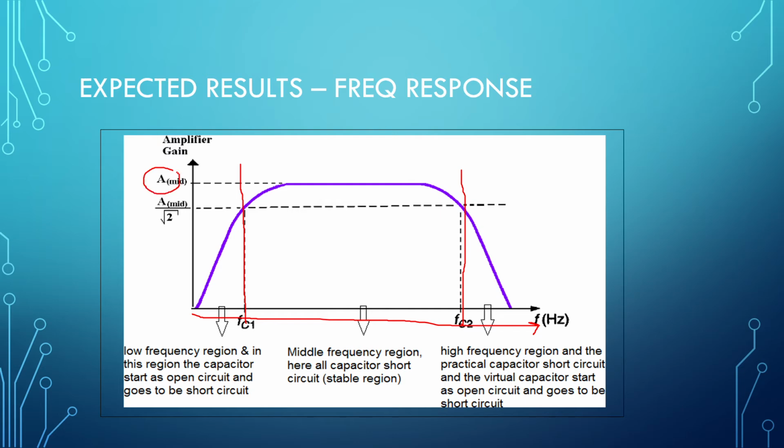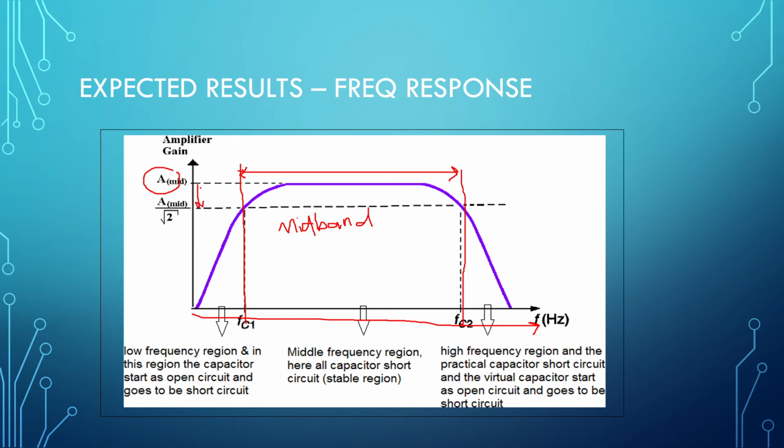The amplifier gain will have a static value from the first cutoff to the second cutoff. So this one we call the midband. The amplification will be maintained from here to here. So the cutoff, as we know, is actually minus 3 dB from here.